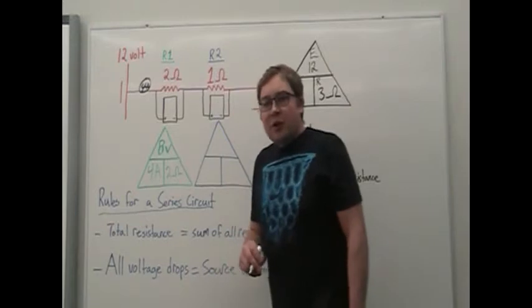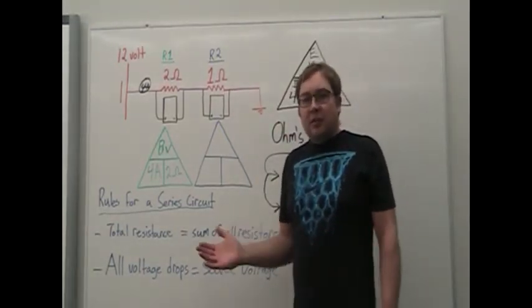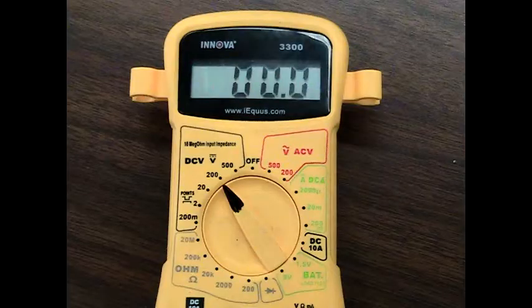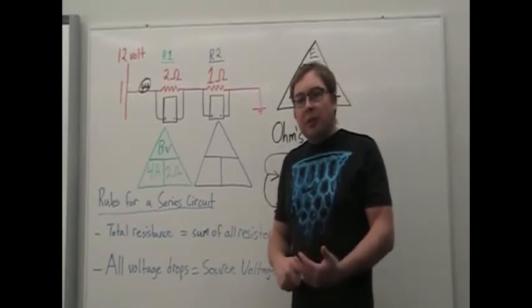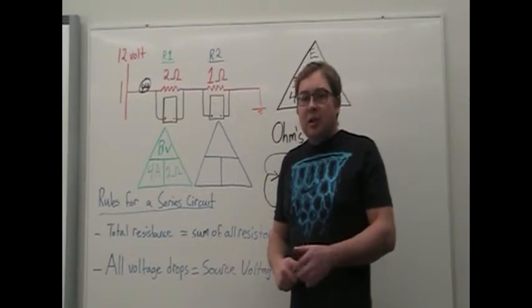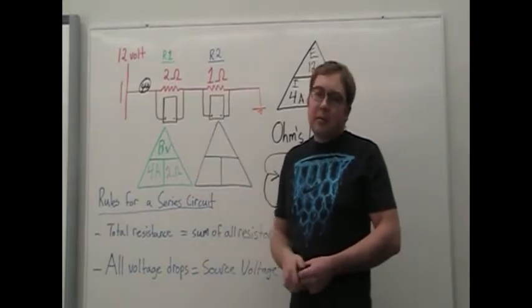Okay. So if we were looking at our multimeter, like the one in the picture, it will show us what we would be reading across that resistor. So when we're using our multimeter, we want to have it in DC voltage, okay? And for this particular lesson, that's what we would read our voltage drops.